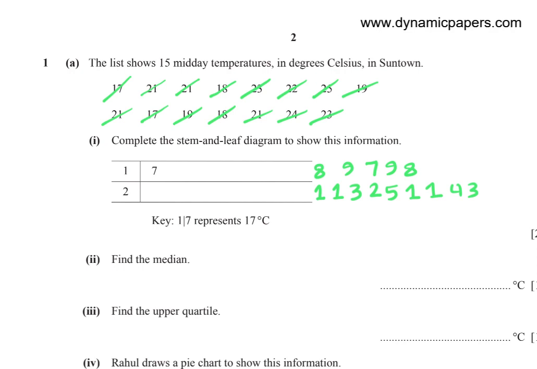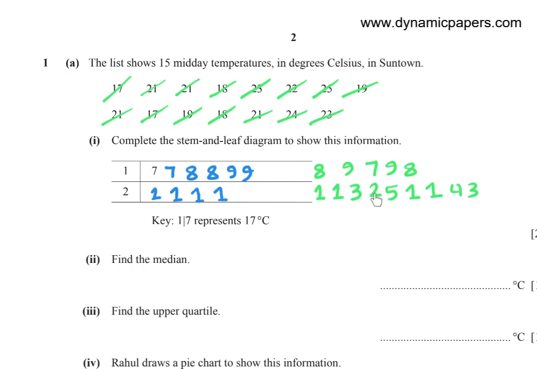So for 1, we have 7, then 7, 8, 8, 9, 9. We need to put them in order. Now for 2, we need to arrange them. How many ones do we have? 4 ones.